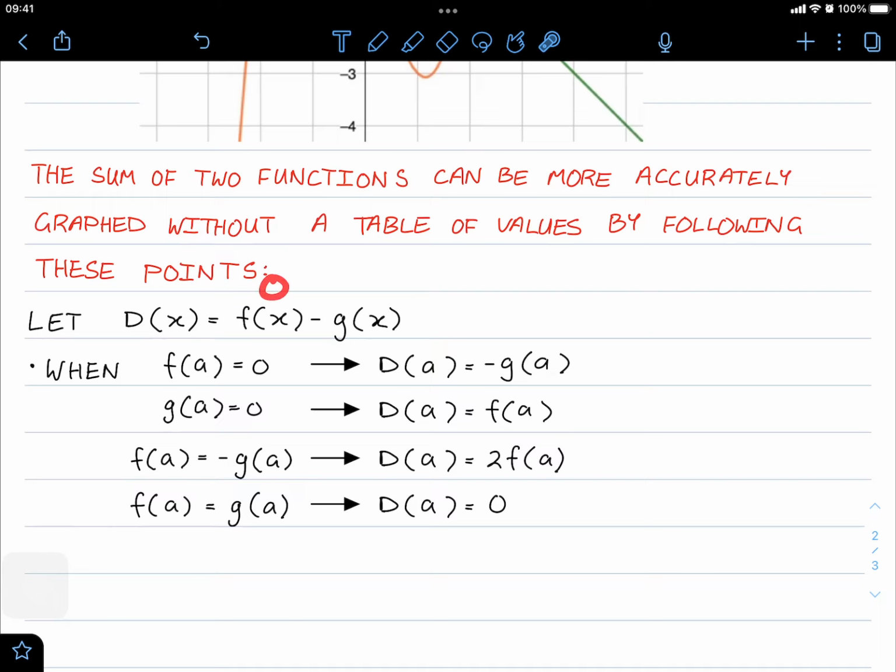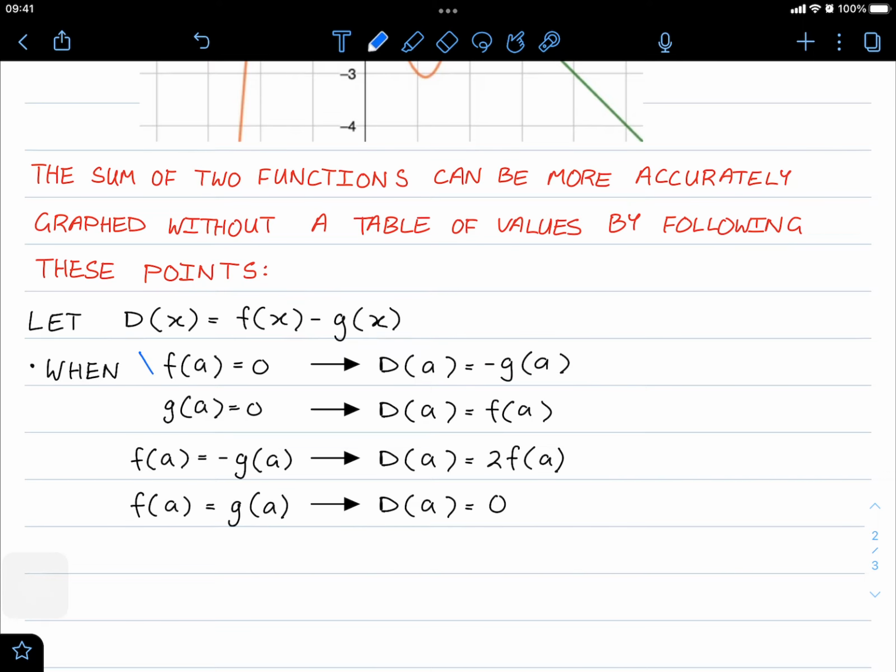But if we had, say, 0 minus 2, this would become positive 2. So the sign of g changes. So if this were a positive 2, when this is 0, it'll become negative 2. If this was negative 3, and this was 0, this would become a positive 3.